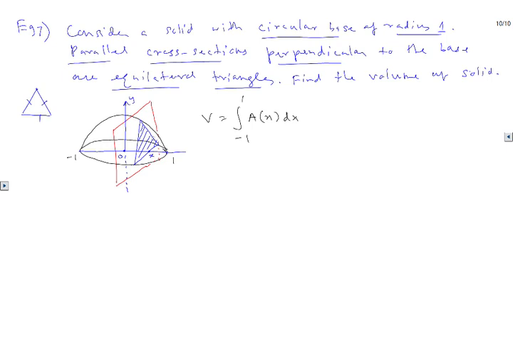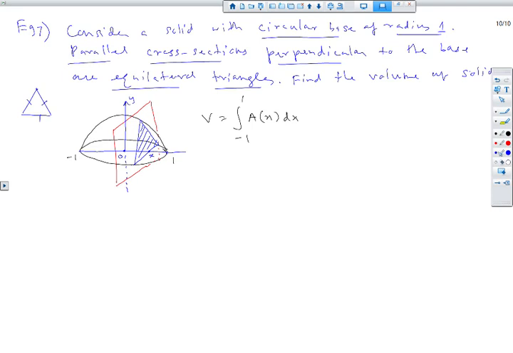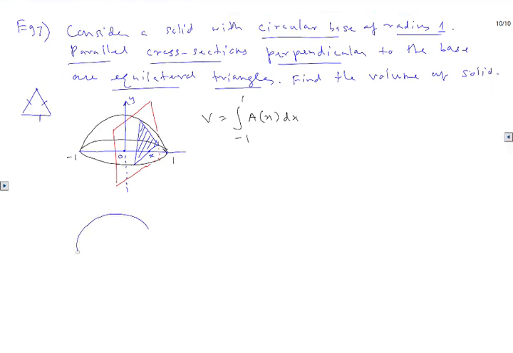So we might need several figures. I'm going to draw a view of the circle from the top. If you look from the top, this is what it looks like, and that's the 0, and that's where you cut.